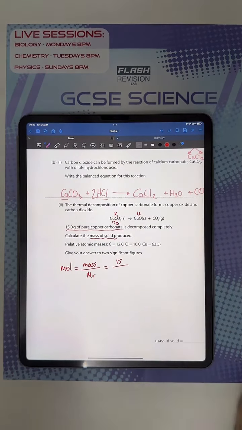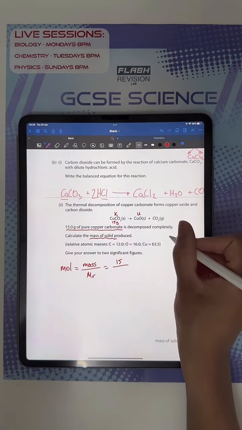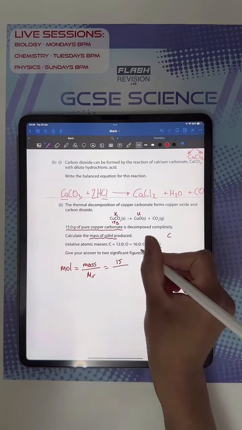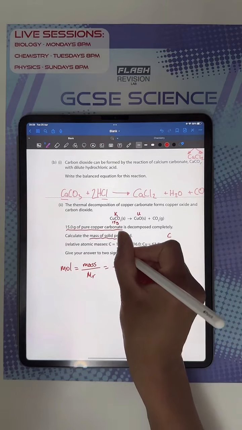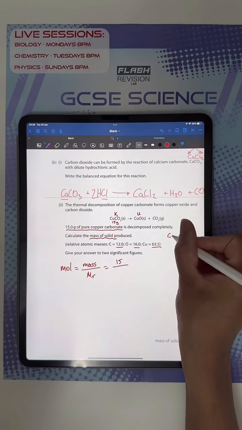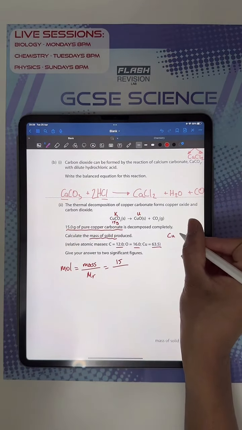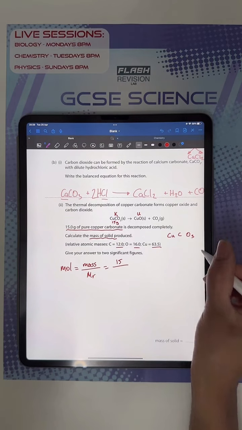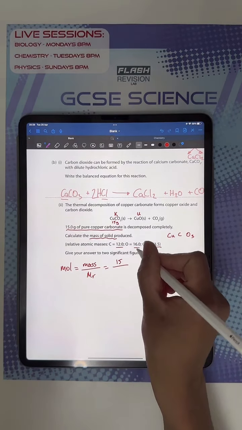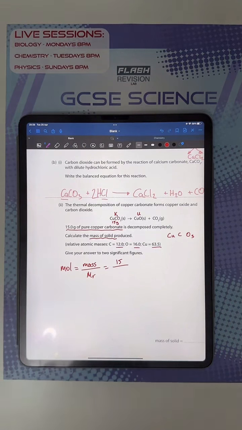So you guys need to calculate CuCO3. We've got the numbers here, Cu, O, and C. Can you guys try and calculate that? Tell me what you get. CuCO3. So 1 Cu, 1 C, and 3 oxygens. Tell me what you get.